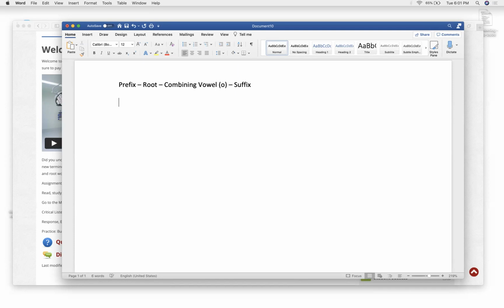So let's look at that word, cardiovascular. That's the word we're looking at today. Cardi, O, vascul, AR. Now we look at it in the parts. Let's make this bigger.